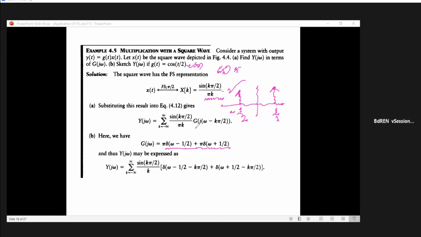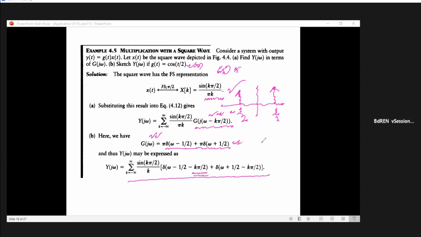The G will be shifted to the location of the harmonic frequencies. So then you can easily identify the corresponding Y(j omega), because your G(j omega) is the Fourier transform, shifted to the location of harmonic frequencies. Then a minus term and a plus term will be there. That is the shifted location of your harmonic frequencies, k pi by 2.